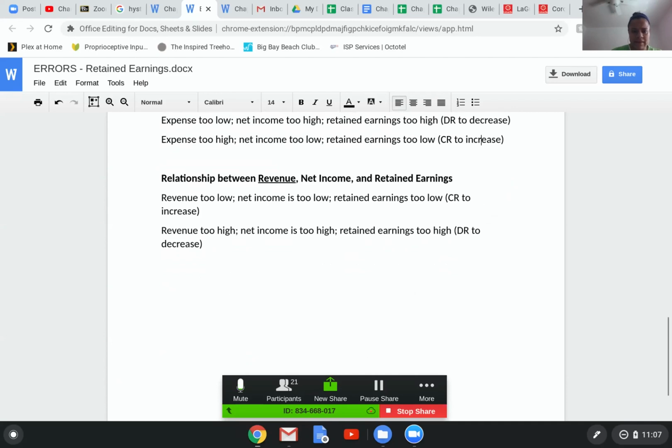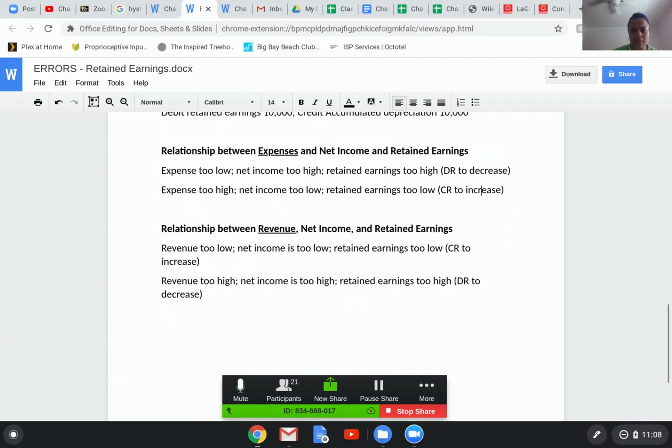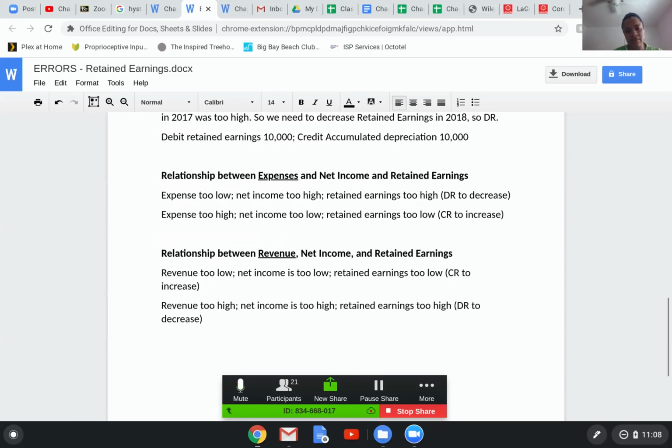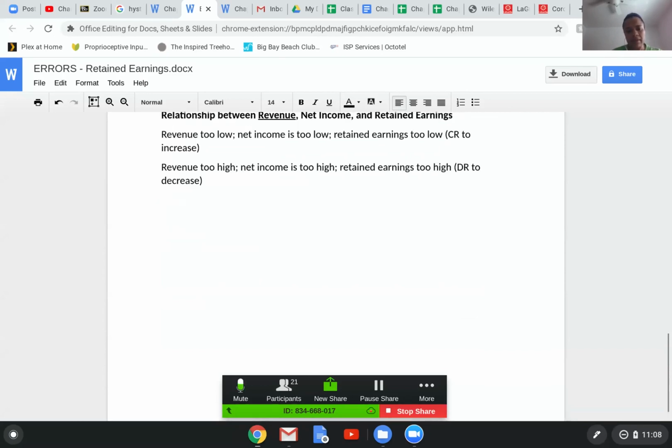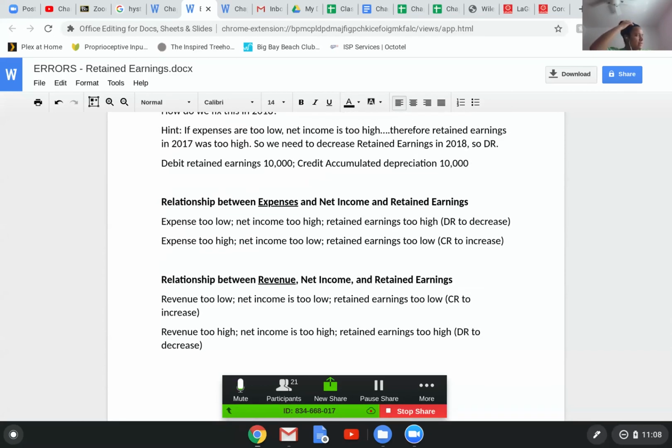And if it's an error in revenue, they all move in the same direction, because revenue goes in the same direction as net income. If revenue is too low, net income is too low, retained earnings is too low, so you add. If revenue is too high, net income is too high, retained earnings is too high, so you subtract. There's no test question asking how this works from a theoretical perspective.